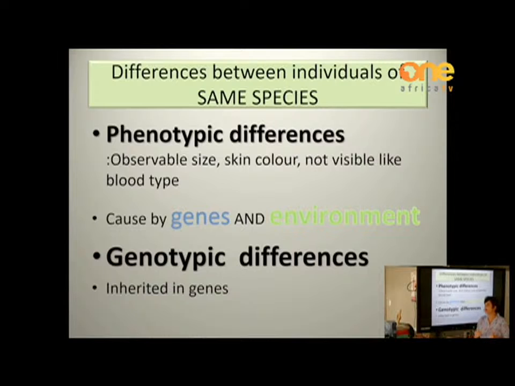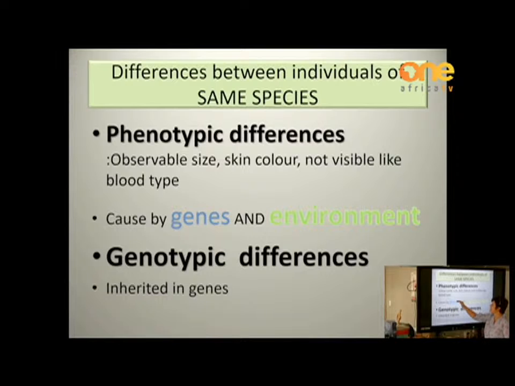And sometimes it is also not visible, what is a person's blood type, but it can be A, B, O, or AB. But what causes that blood type? The blood type is caused by the genes.